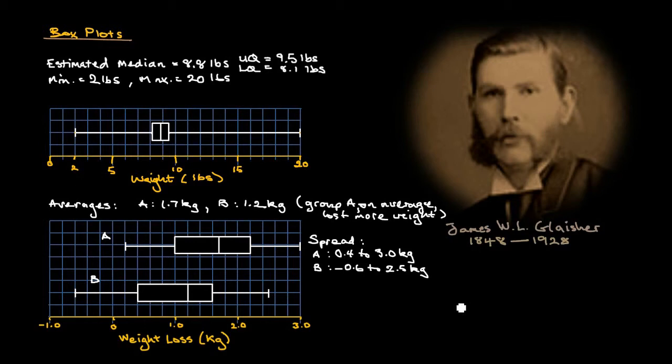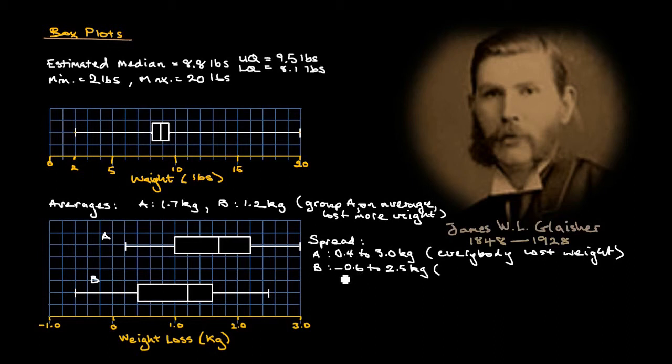So what can we conclude from these two different spreads? Well, first of all, perhaps most importantly, we can say that everybody in group A lost weight. So well done to all of them. Whereas in group B, you can see we've got a negative.